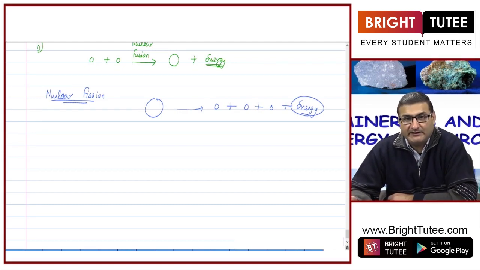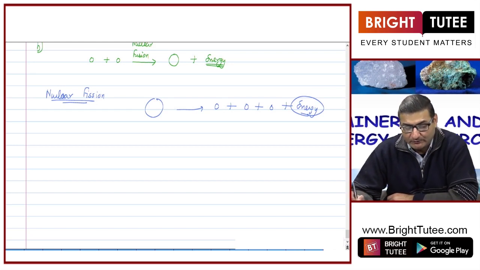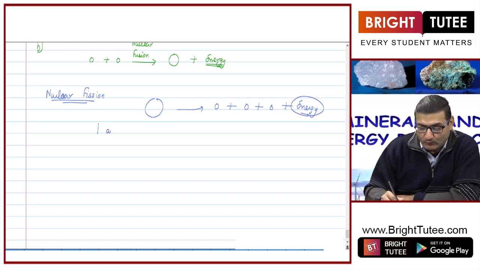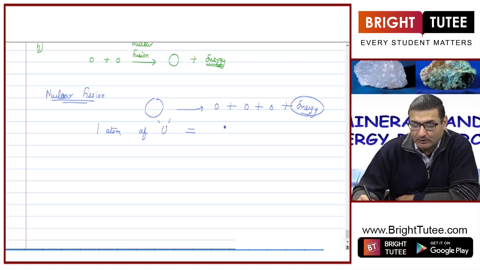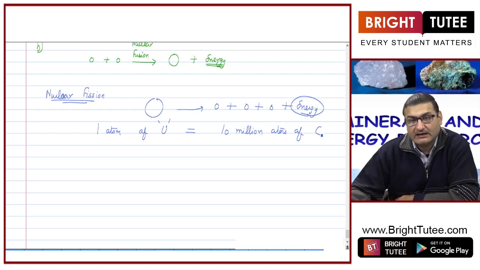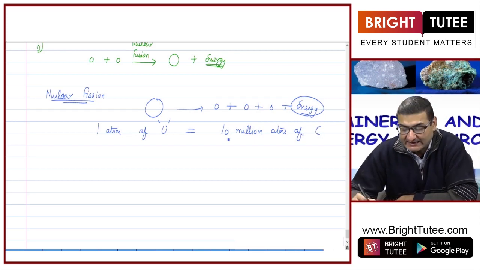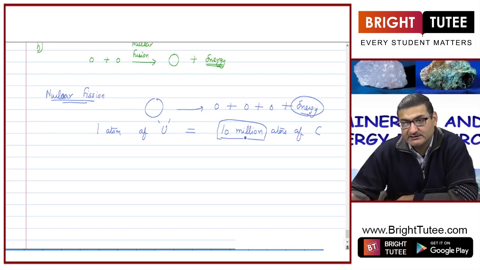You will get a better idea if I tell you that if I take one atom of uranium and do the fission process of this uranium, this is equivalent to the amount of energy produced by combustion of 10 million atoms of carbon. 10 million times energy.